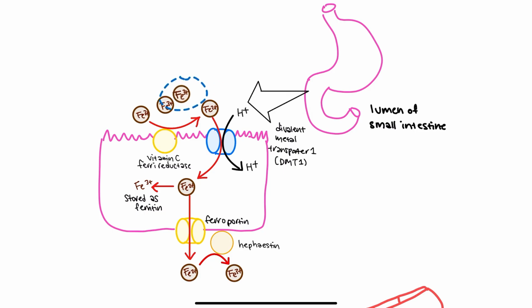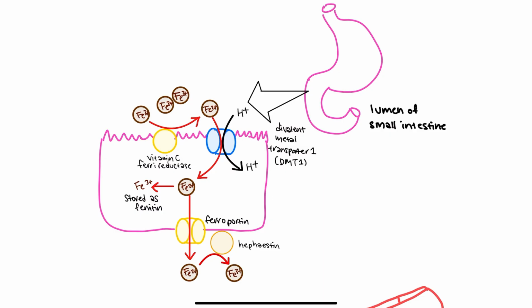In order to be absorbed into the lumen, we need an enzyme called vitamin C ferrite reductase. That reduces the ferric iron 3 plus into the ferrous iron form, which is iron 2 plus.